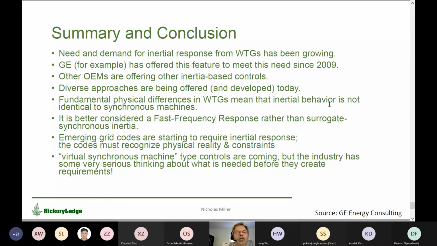In relatively smaller systems, this stuff is really important. So you get outliers like South Australia, like Hydro-Quebec, like Hawaii, like Ireland, that have given this a lot of attention. But it's not in any sense becoming universal.